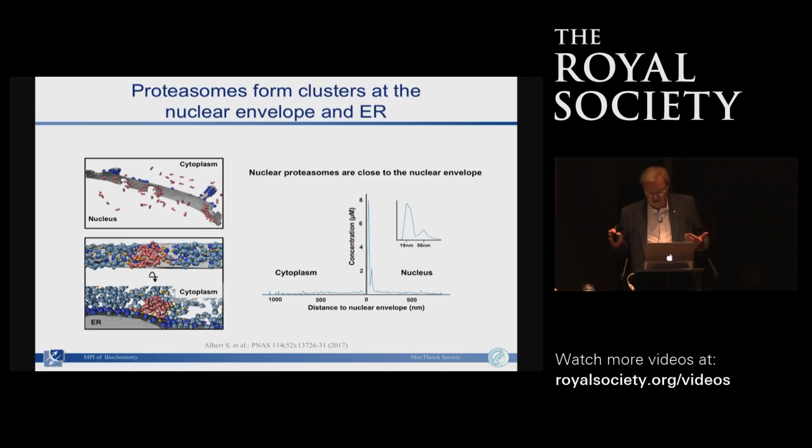However, invariably, they associate with the endoplasmic reticulum, and the endoplasmic reticulum occupies roughly 30–40% of the volume of the cell. This is why they are found essentially everywhere. But they are clustered, as you will see in a minute.